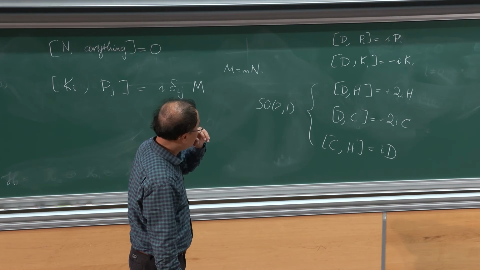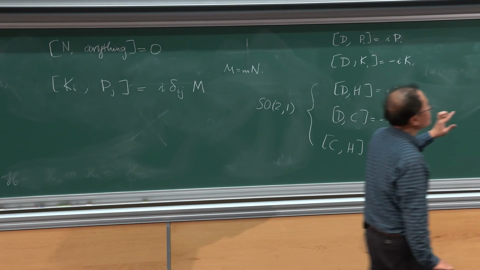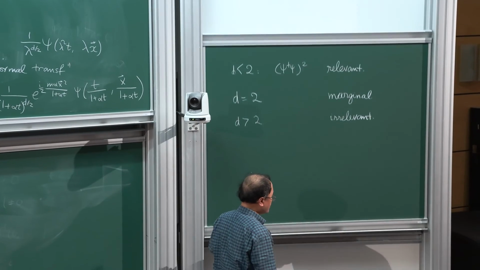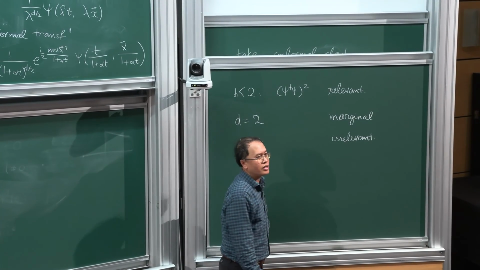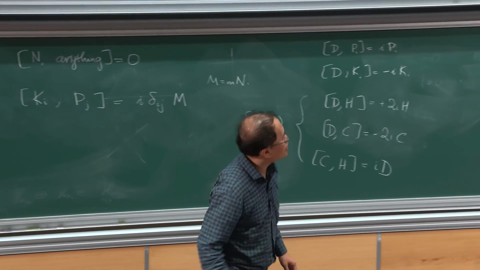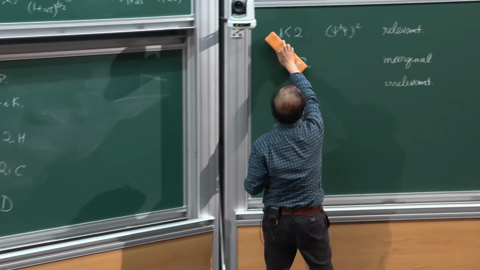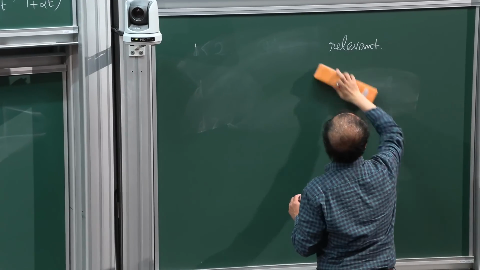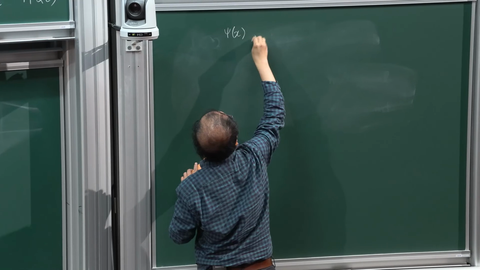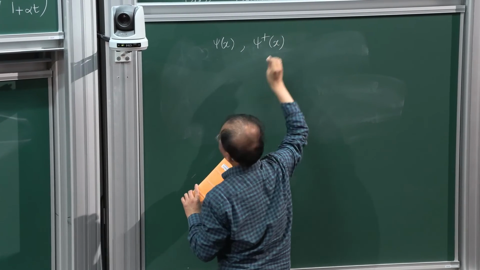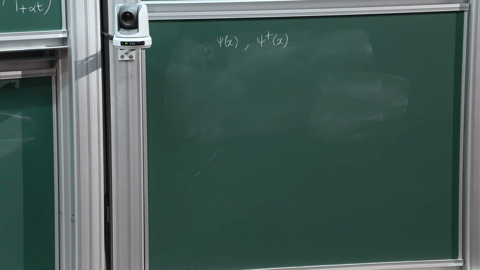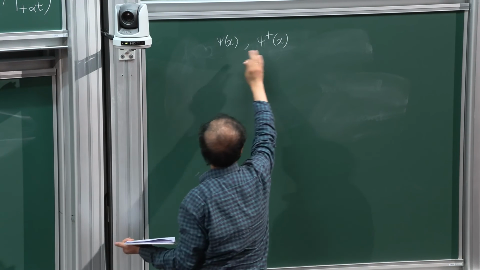And let me try to first tell you how these operators are expressed in terms of creation and annihilation operators. So first in the free theory, and then we go to the interacting theory. In the free theory, we know that all operators have to be constructed from the basic psi of x and psi dagger of x. But I'm going to introduce operators that are bilinear in psi.